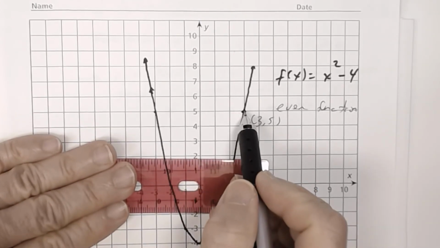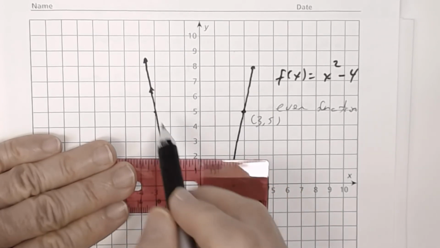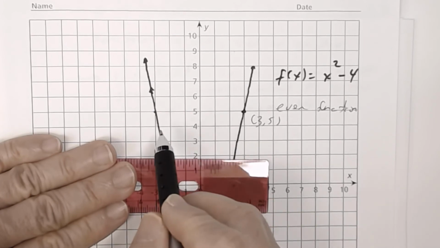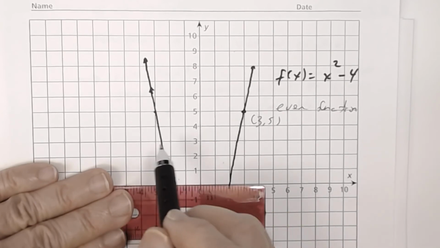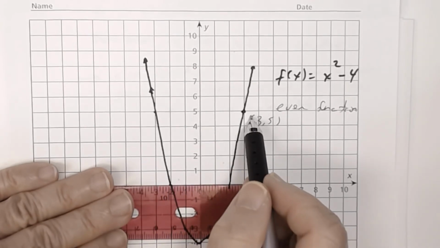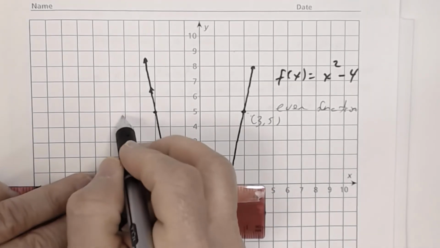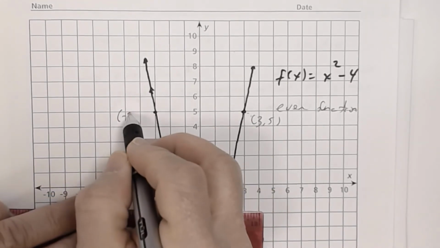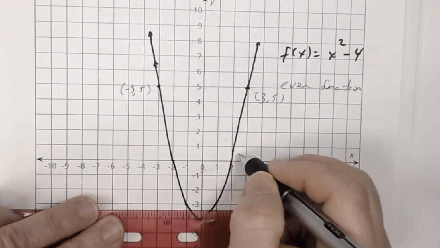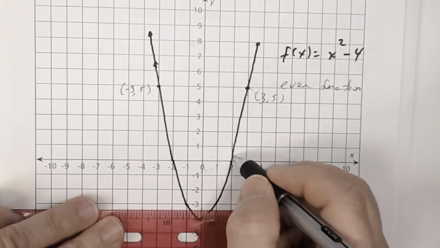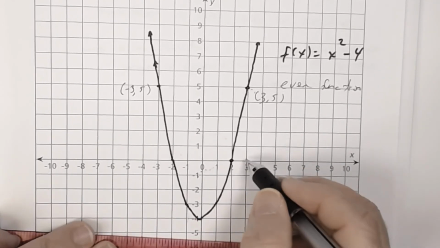If you were to take each of these points, reflected about the y-axis, you would get a point on this part of the graph. Take this point, reflected, you get this point. Look at the coordinates of that point. The coordinates of that point are -3, 5. Let's look at a couple more. If I take the point 2, 0, that would probably be a bad one to use anyway, but let's use it.